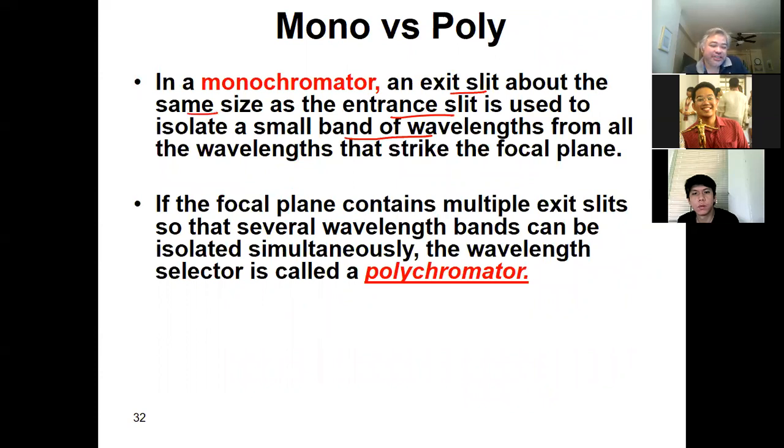If they don't have the same size, the radiant power, the light that you let in, could be affected because it affects the input-output. If the input is smaller compared to the output, the signal is not captured well. So as much as possible, you keep the slit sizes the same: 2 cm both, 4 cm both, or 1 cm both.